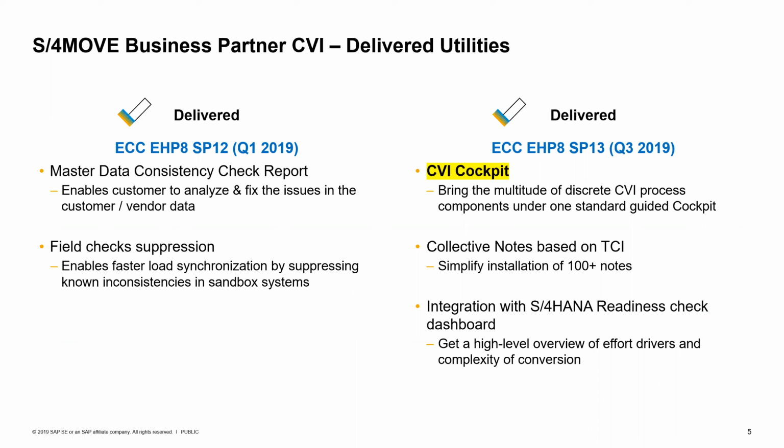And we also basically offer an integration with another in-house program that we are having, which is called the Readiness Check Dashboard, which is again very specific to all our customers who are willing to upgrade to S/4HANA, and they can basically see with respect to their overall reports or the overall readiness in terms of how they are moving towards a complete S/4HANA upgrade, what are the main effort drivers, which lists the main effort drivers for them, keeping in mind the complexity of the conversion.